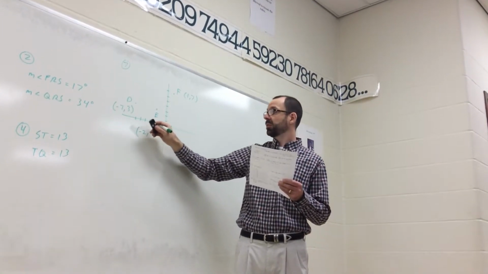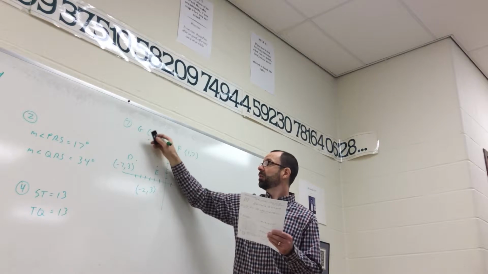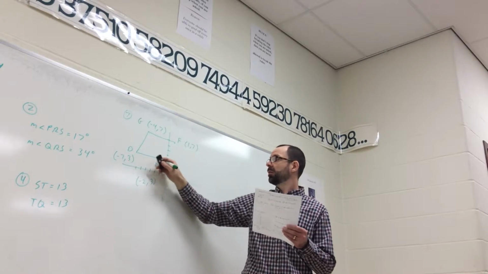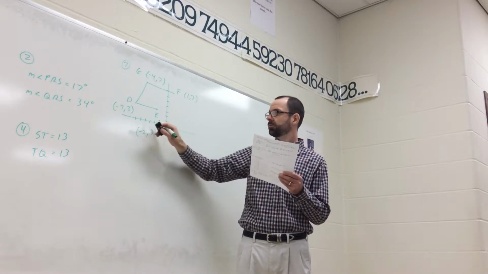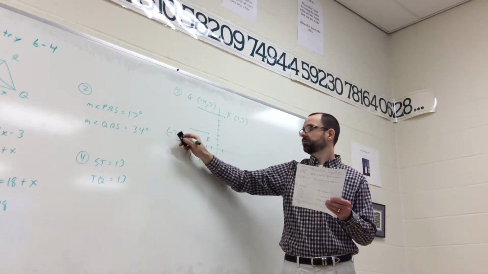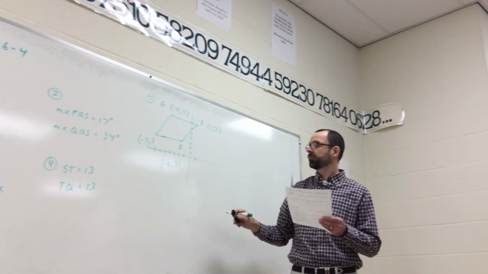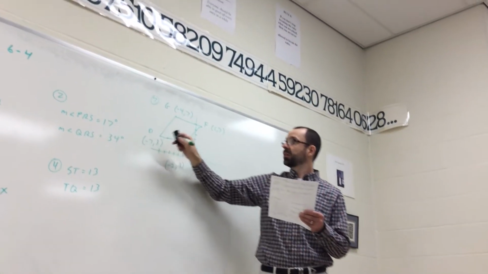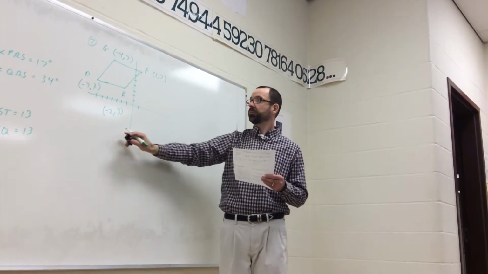And negative 4, 7. So negative 2, 3 is point E. Negative 7, 3 is point D. Negative 4, 7 is G. And 1, 7 is F.